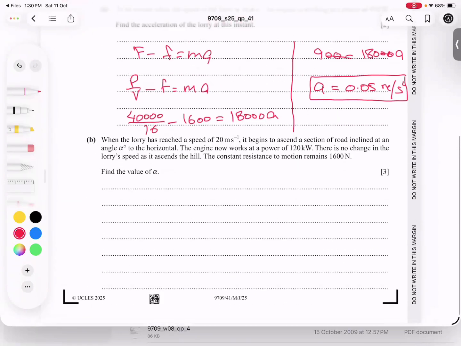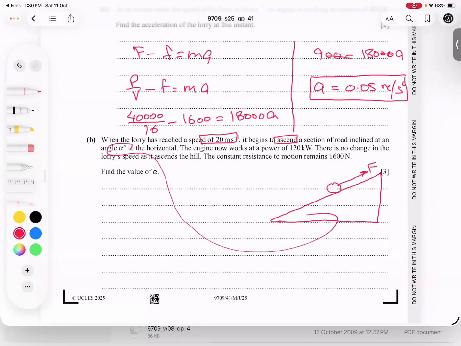Last part: when the lorry has reached a speed of 20, it begins to ascend. Ascending means going up. So the situation is now that it's going up. Okay. What is mentioned here? Angle alpha. So this angle is alpha.